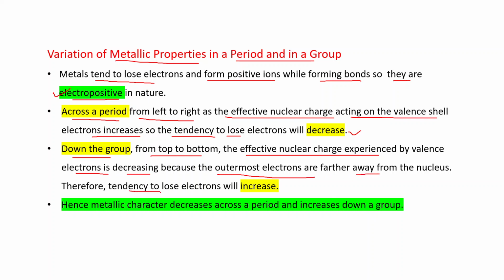Therefore, the tendency to lose electrons will increase. Hence, we can say metallic character decreases across a period and increases down a group. This is the trend of metallic character.